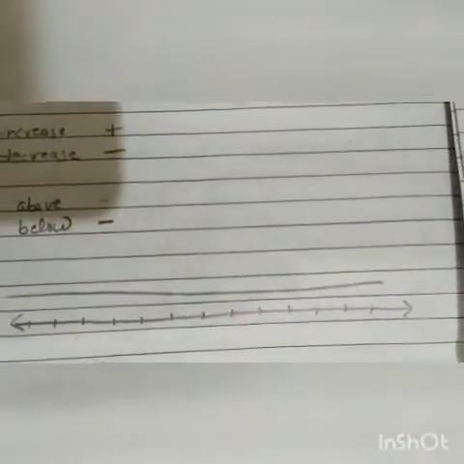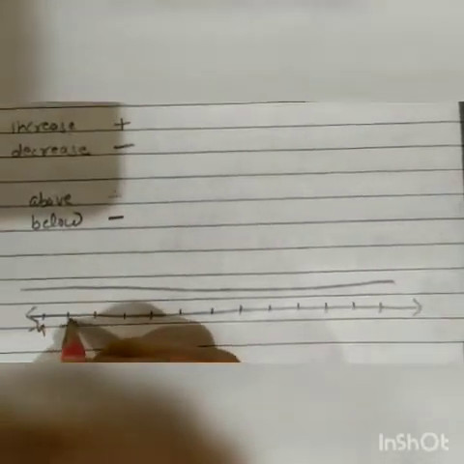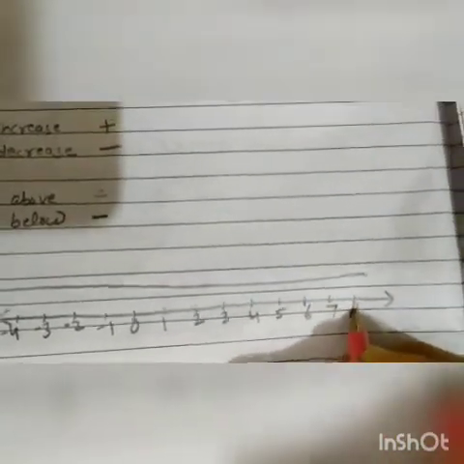Divide this number line with equal distance like this. Suppose this temperature is minus 4, then this is minus 3, minus 2, minus 1, 0 degrees, then plus 1, plus 2, plus 3, plus 4, plus 5, plus 6, plus 7, plus 8.